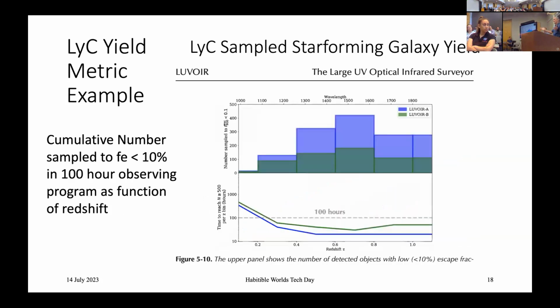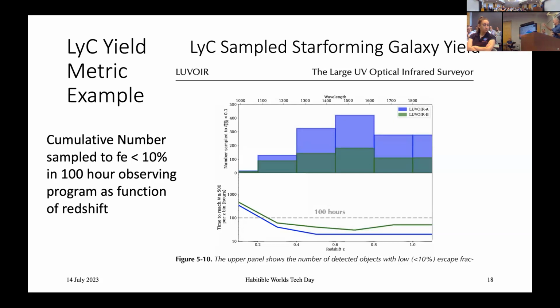And then you can get the total yield, the cumulative number sampled to an interesting number, which is escape fraction less than 10% in, say, a 100-hour observing program as a function of redshift. Okay, so this is the basis of how you would go about developing a metric of yield of your sources for the instrument that you're trying to build.